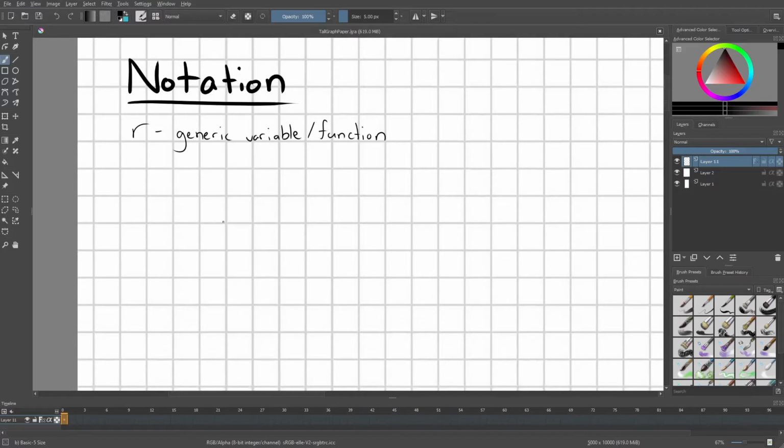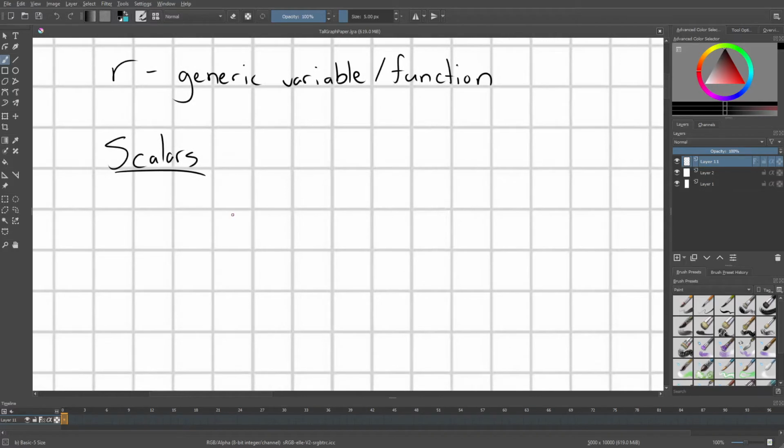So let's first talk about how I will use scalars. If I don't put anything over the R, this immediately tells you that this is a scalar value.